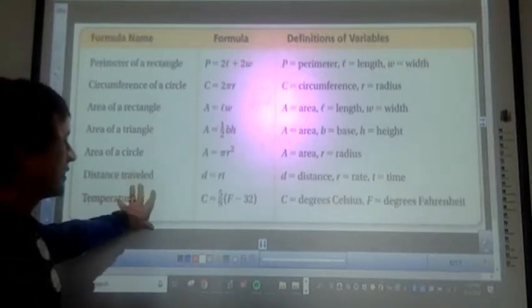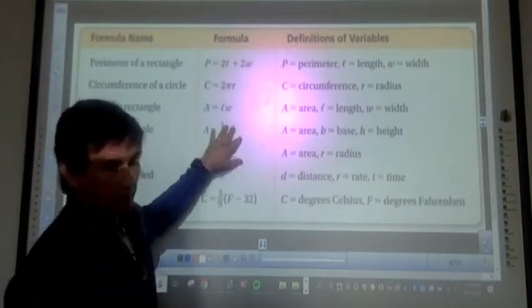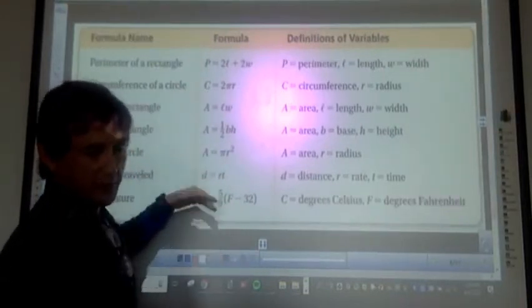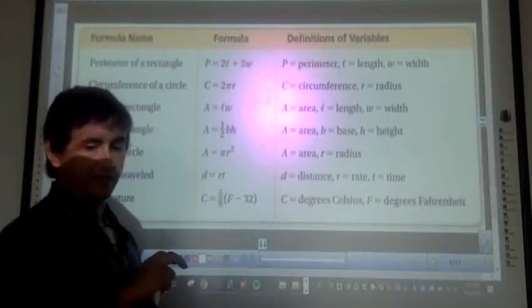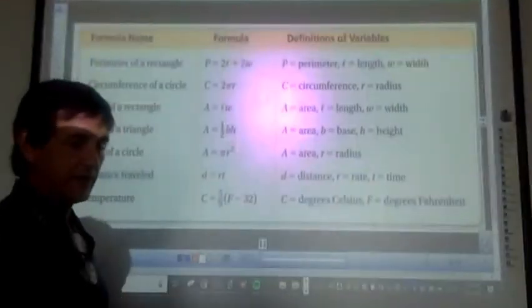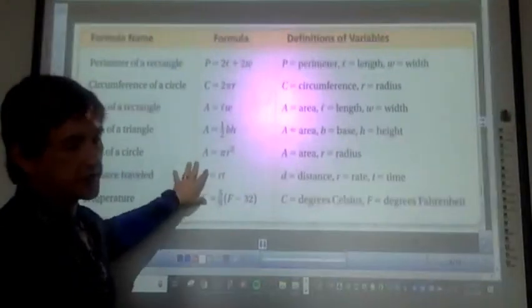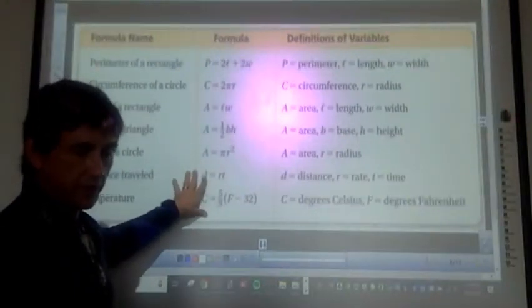These are all literal equations, and you'll notice that there are not many numbers in these. We're just manipulating the equation, moving stuff around. So when you plug in numbers, they're easier to solve. So that's just some examples of equations we're going to use.